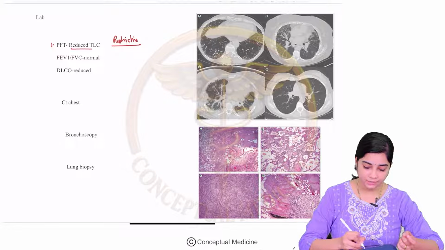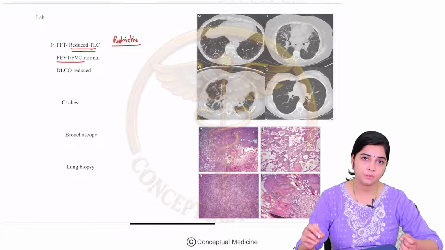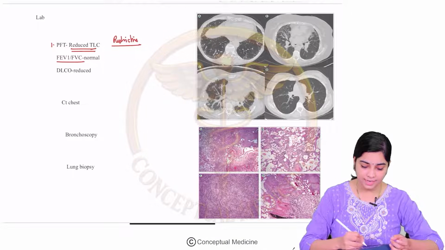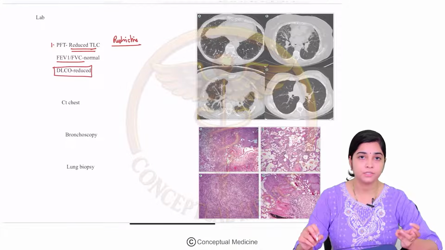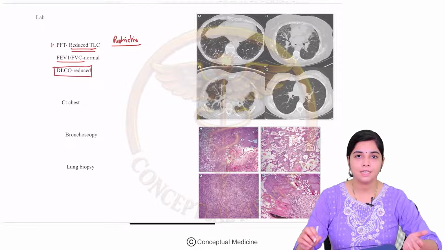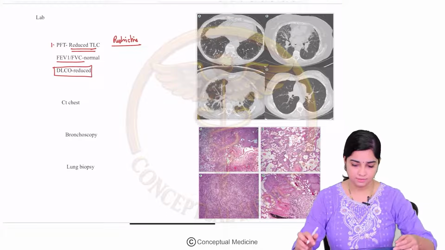So you will find that the total lung capacity is reduced and the FEV1 by FVC ratio will be normal, right? It will be normal or raised, and the diffusion of lung to carbon monoxide is reduced. So reduced DLCO, reduced total lung capacity, and a normal FEV1 by FVC, which is a restrictive lung disease.